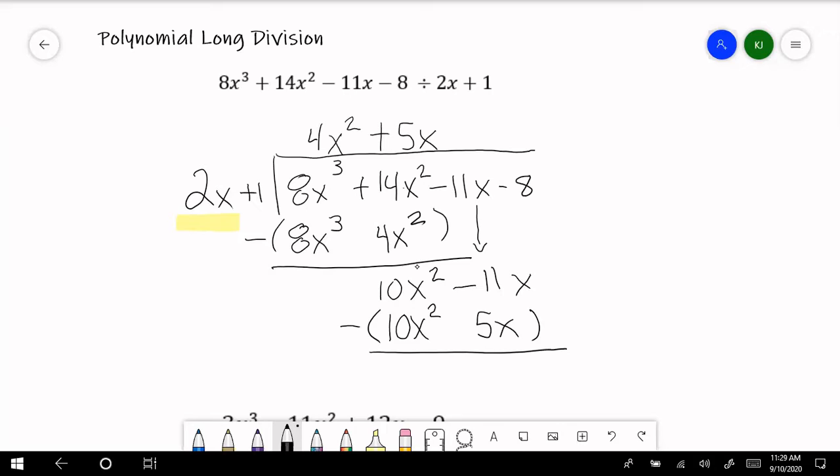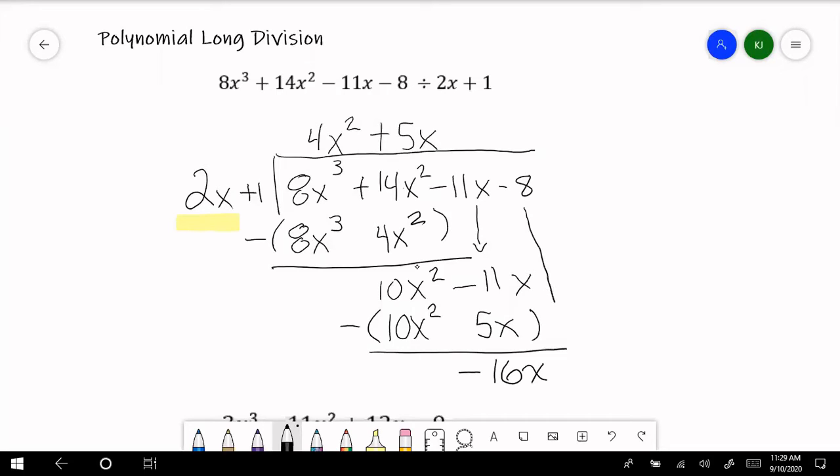Negative 11x minus 5x: negative 11 minus 5 more is negative 16x.